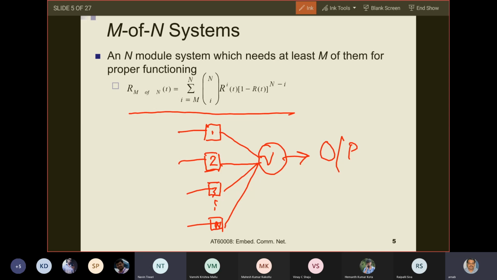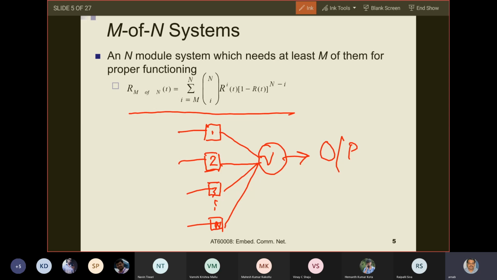So that will be given by NC1 into r to the power n minus 1 t, right? Sorry, it is NC n minus 1.